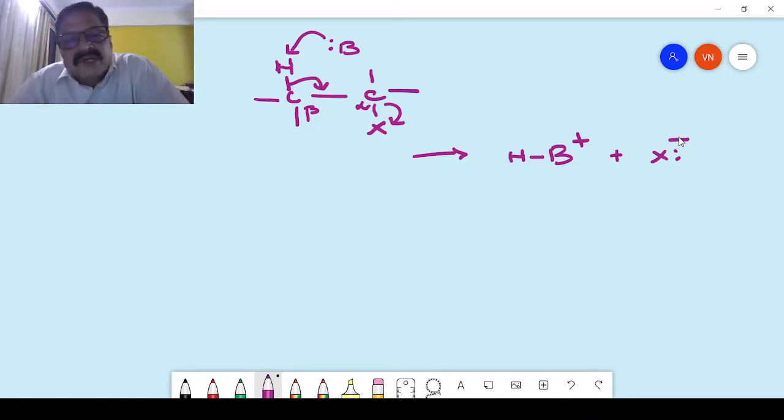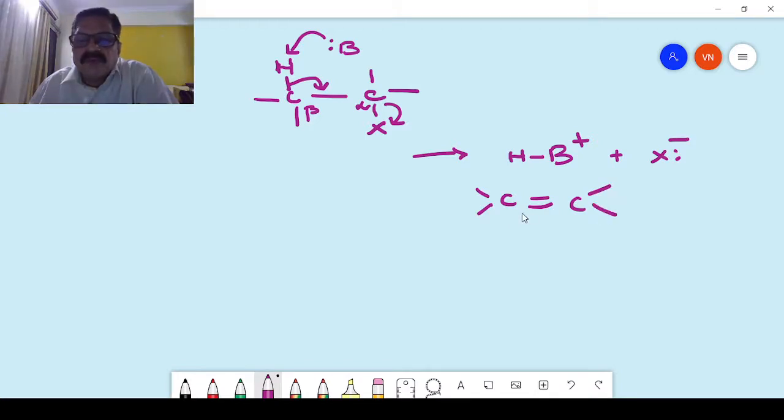The more important product is this one, the new pi bond being formed, along with HB plus and X minus. The pi bond is formed between the alpha carbon and the beta carbon.